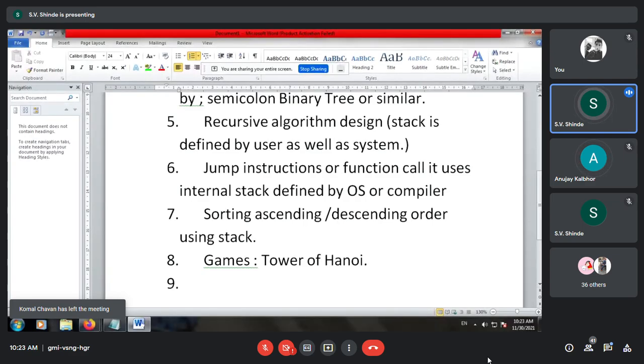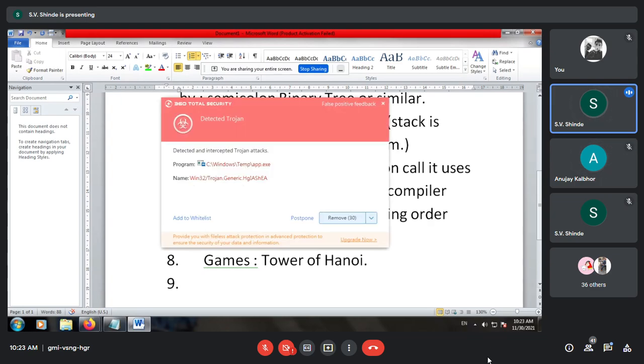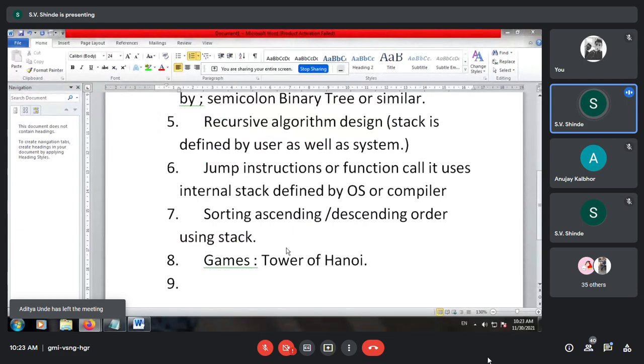Now, another application: stack has a wide range of applications in priority. If you want to give priority, the previous functions can be loaded on the stack, and the new priorities can be given to the topmost or upcoming process. So you can use a stack in giving priority.